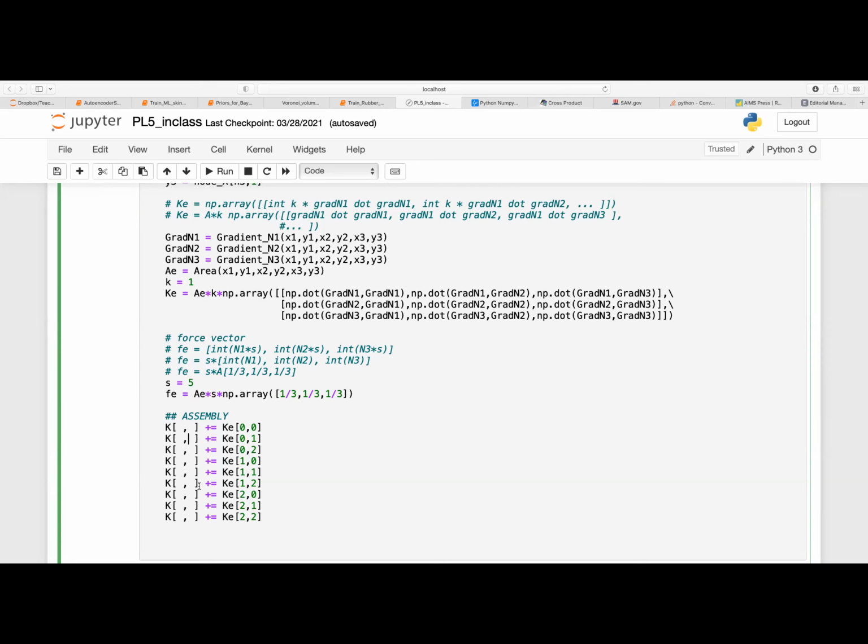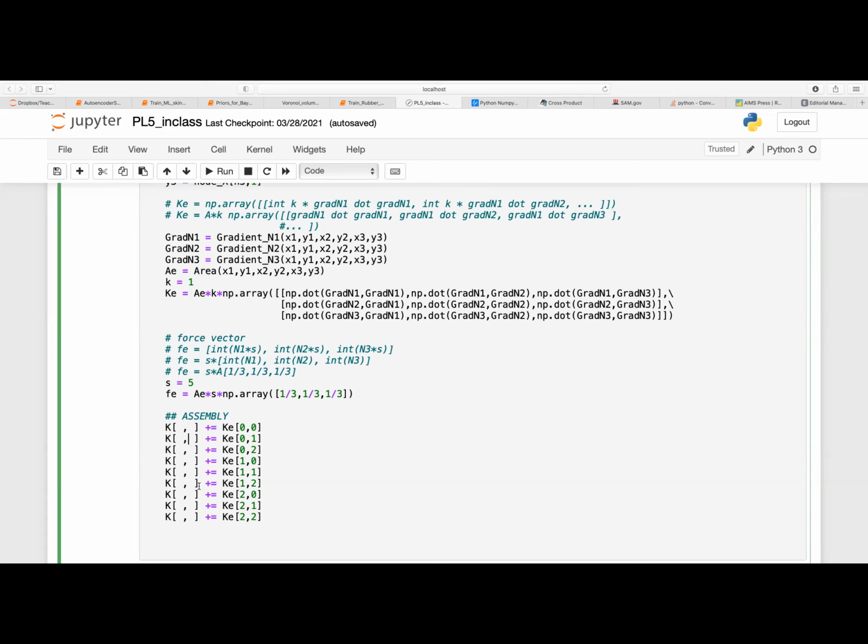Let's say that the element is made up of 4, 5, and 11. Then where does the first entry go? Yes, 4, 4. So the 0,0 entry goes to 4,4. But this will change for everything.